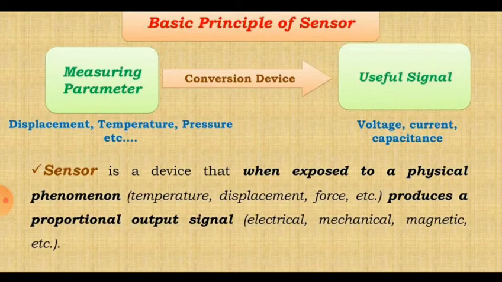Here the output is usually an electrical quantity, and the measurand, that is the quantity to be measured, is a physical quantity, property or condition which is to be measured.